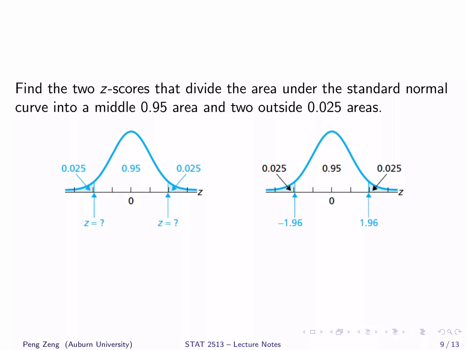By symmetry, the first z-score is negative 1.96. Of course, we can also verify this using the normal table. Try to find the value 0.025 in the normal table. It corresponds to the row negative 1.9 and column 0.06. Hence, the z-score is negative 1.96.